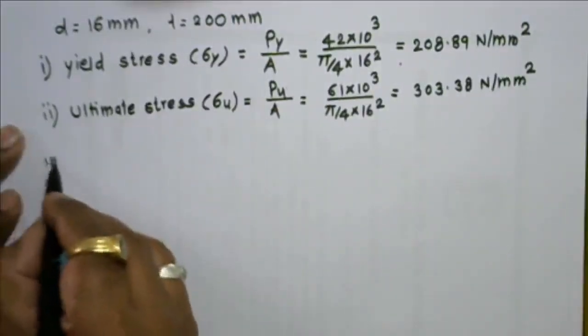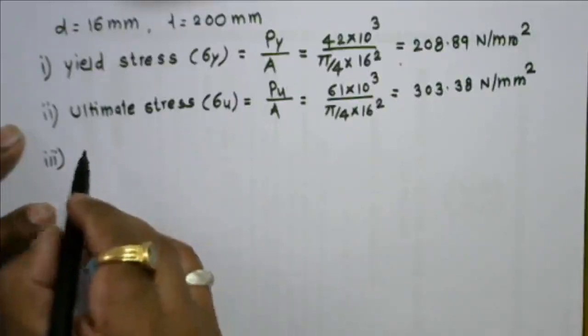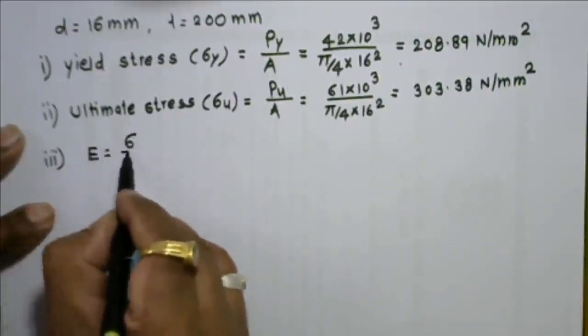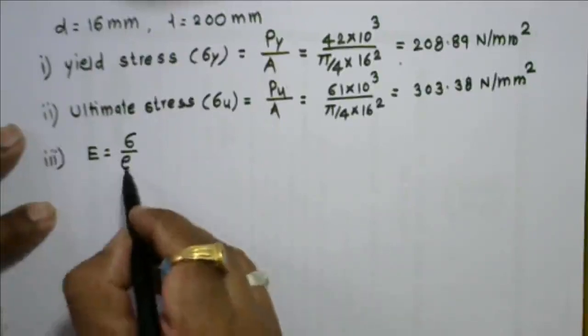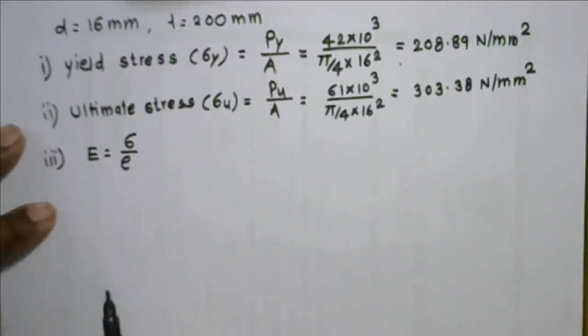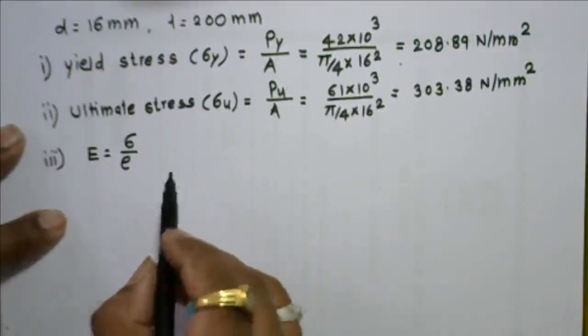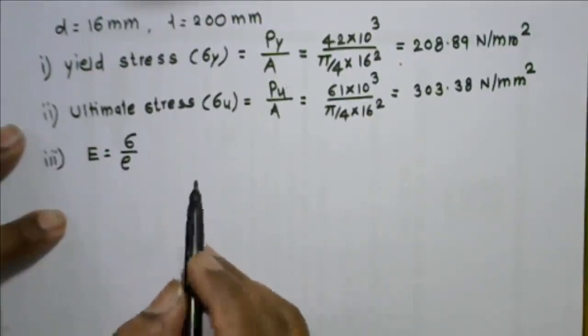Now third, we have to calculate the modulus of elasticity, that is E. E is equal to stress upon strain. Here we have to calculate the stress, and E is unknown.